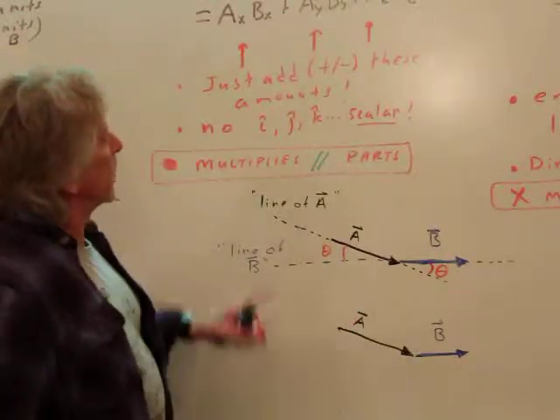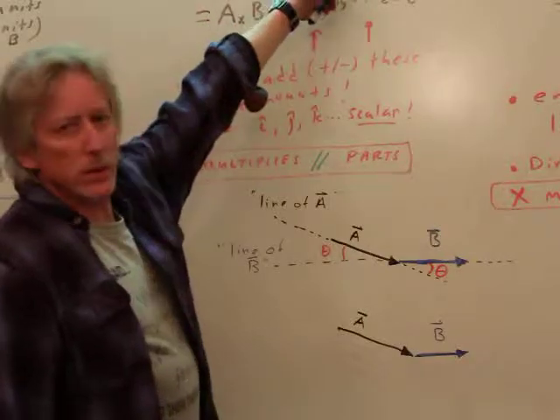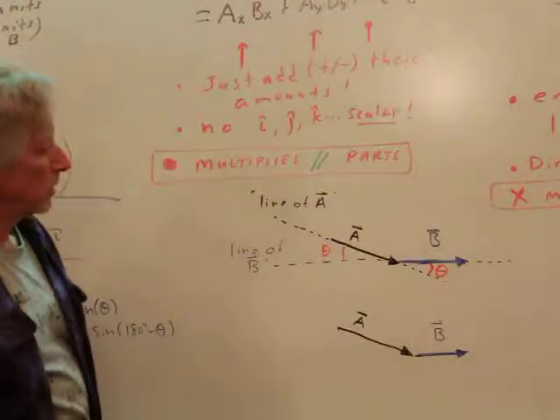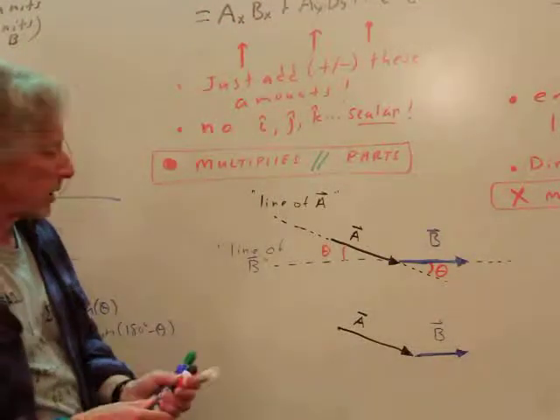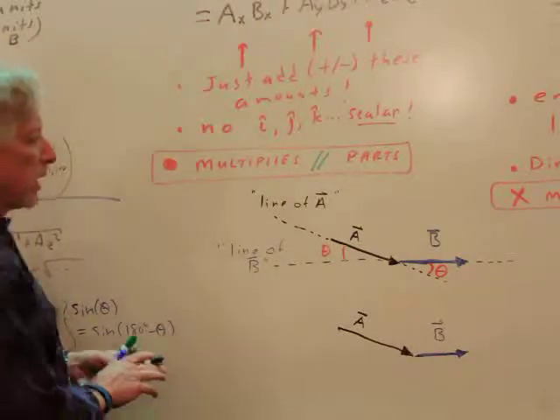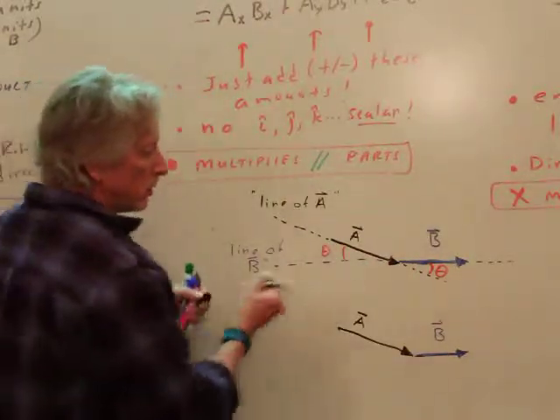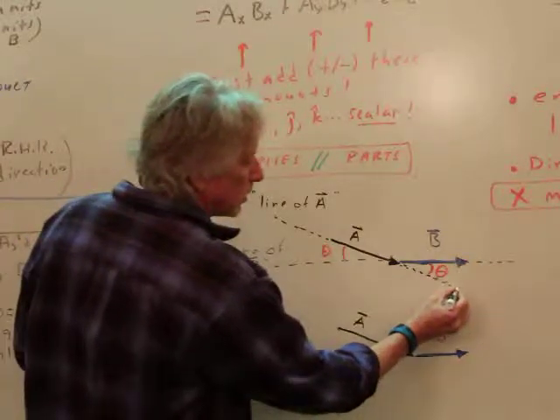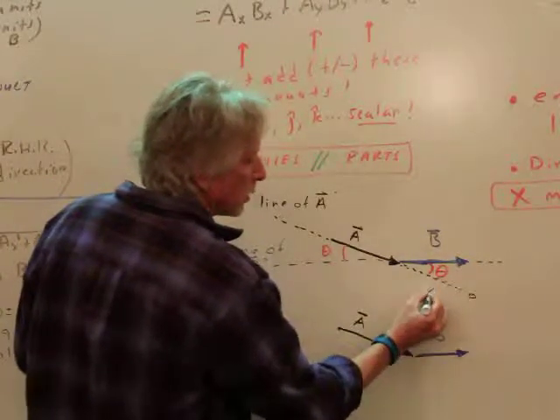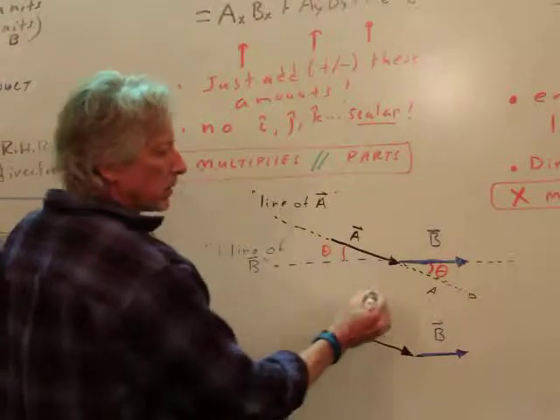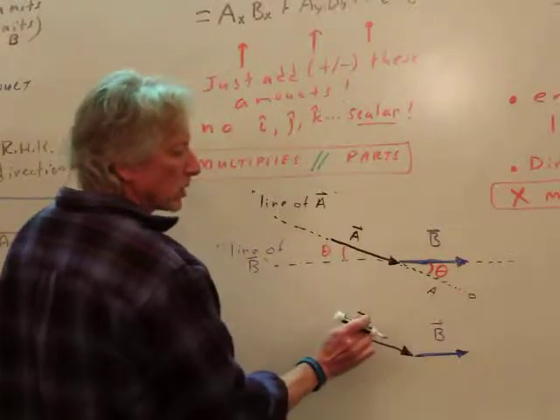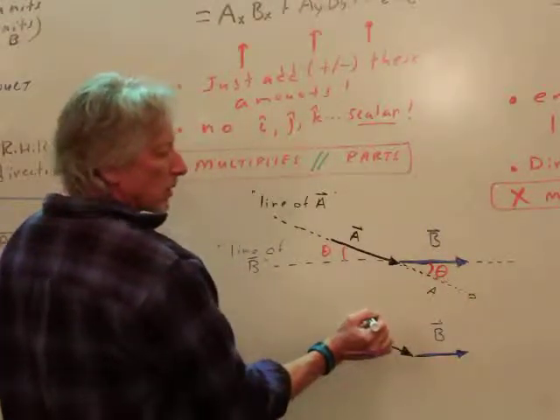What does it do when I take AB cos theta? Well, let's see, what's A cos theta? If I were to slide A down here, there's A, amount, direction, times the cosine of that angle.